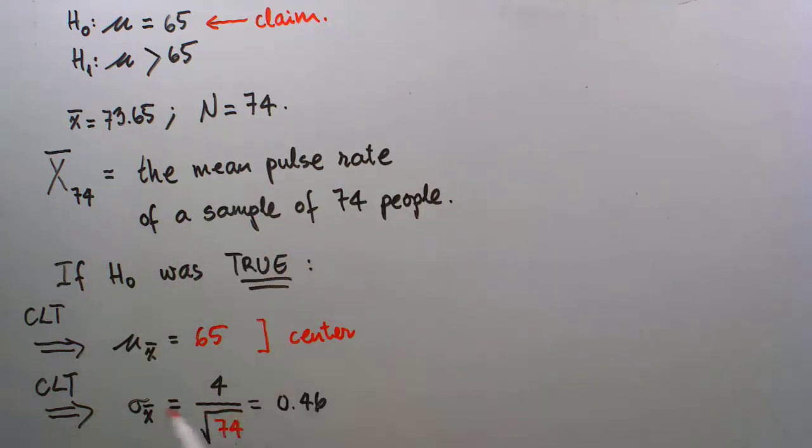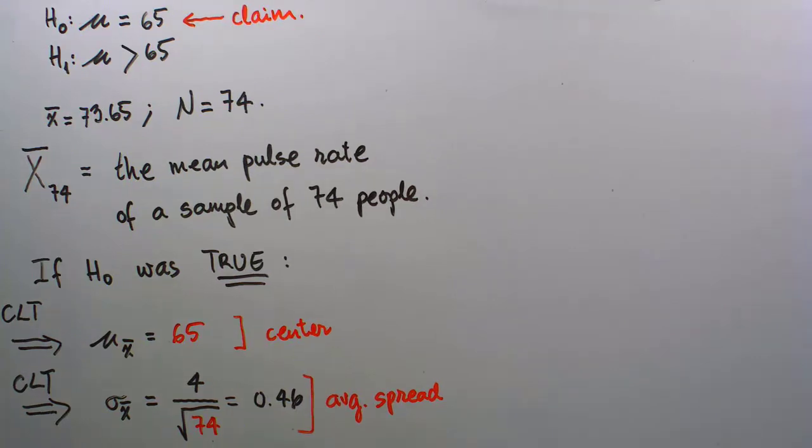And at the current sample size we're using, average spreading, that's what this value is for, the average spreading of all sample mean values away from this center, would be on average 0.46. So we found the center and the average spreading. Or in other words, this value is the population standard deviation of all sample mean values.